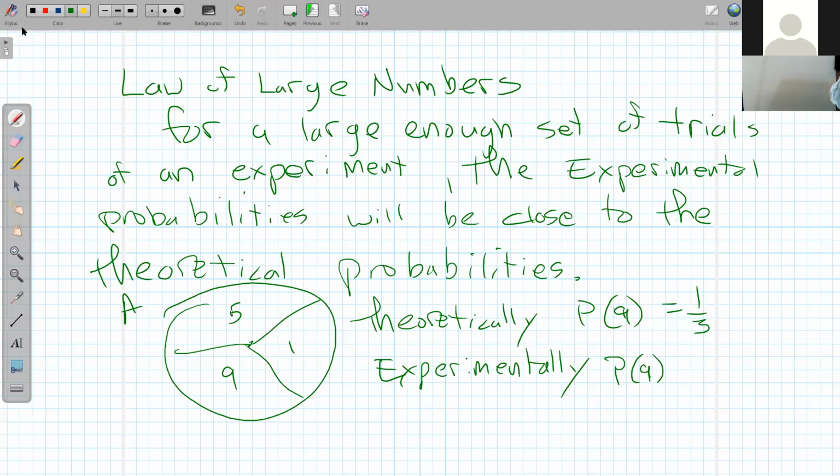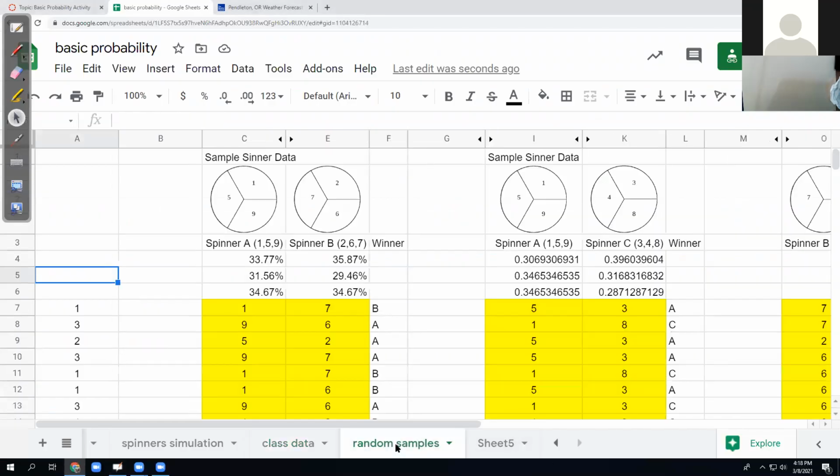So we get a couple of different answers from the experimental. From the class data, we got 32 out of 100, a little under 1/3. When I looked at my simulation of it, I've done it a few times now. What was the last one? The last one was 34.67.